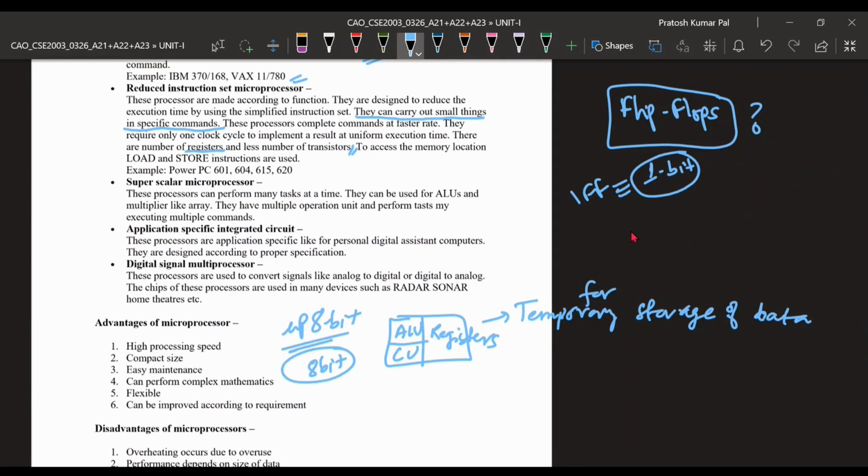That means we need to connect 8 flip-flops: flip-flop 1, 2, 3, 4, 5, 6, 7 and 8.